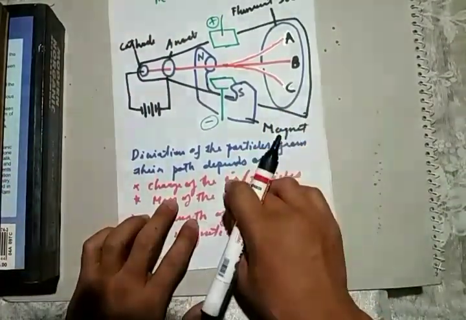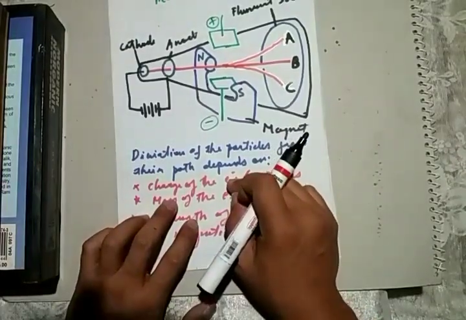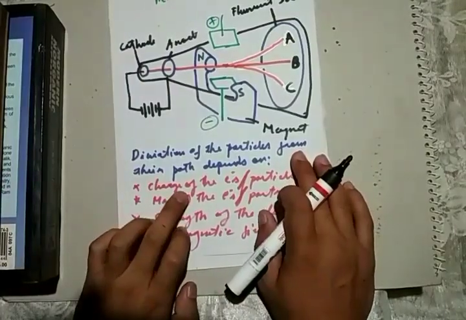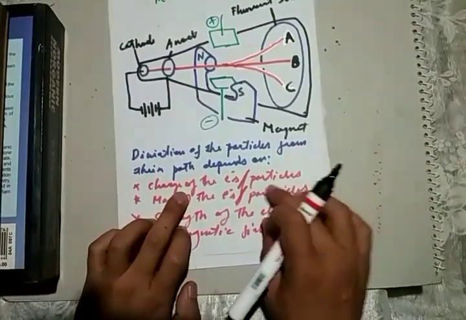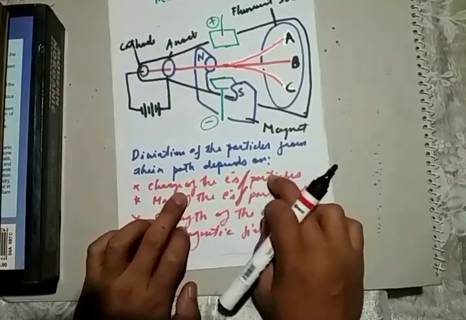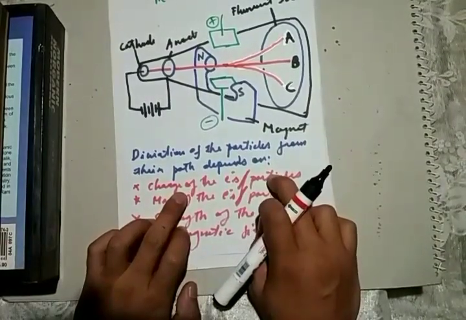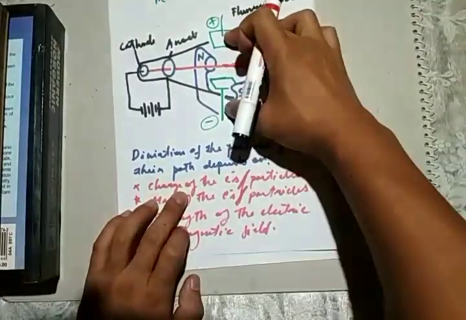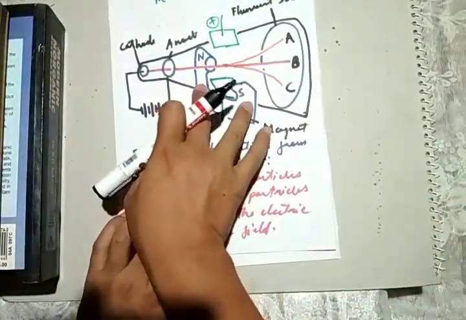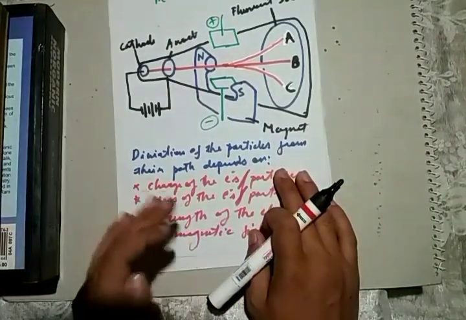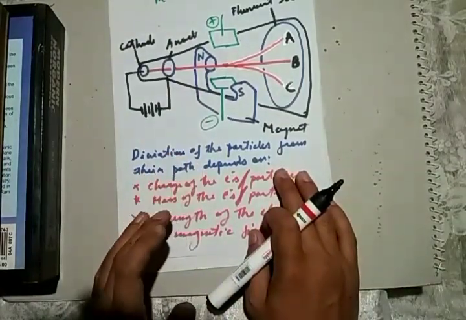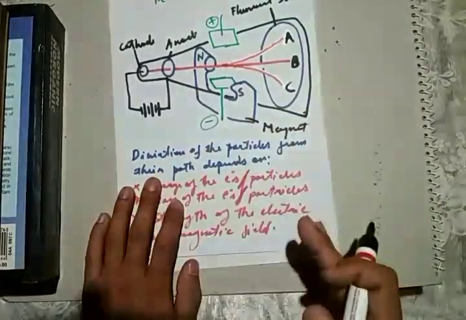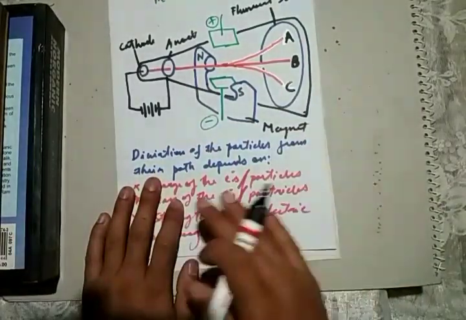Charge of the electrons: the greater the magnitude of the charge of the electrons or particles, the greater the interactions with the electric field and magnetic field. As a result of these greater interactions, we will observe higher or greater deflection or deviation.